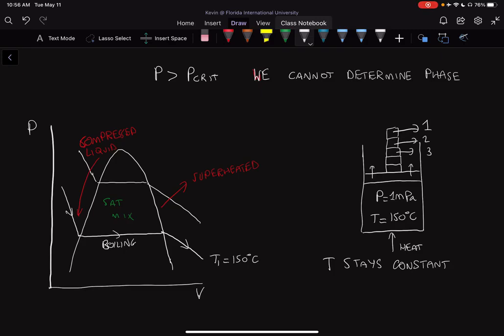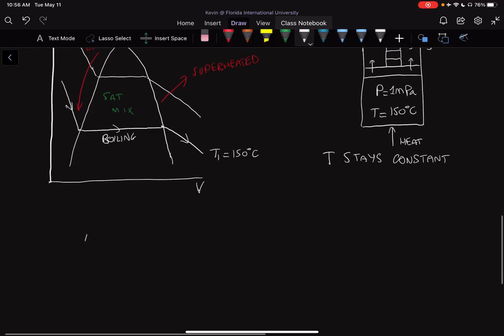Okay. And these two diagrams are actually going to be mapped. So every single point on the diagram, and obviously not every single point, but a lot of points on the diagram, are going to be mapped onto our thermodynamic tables.